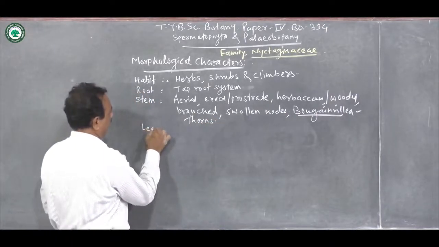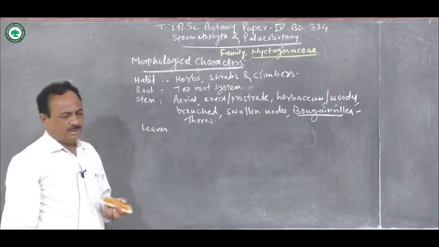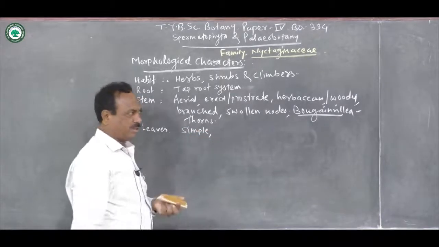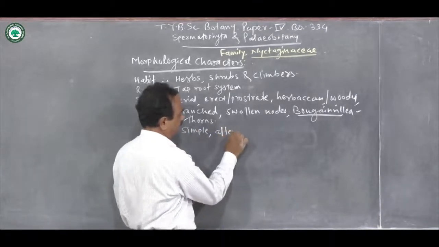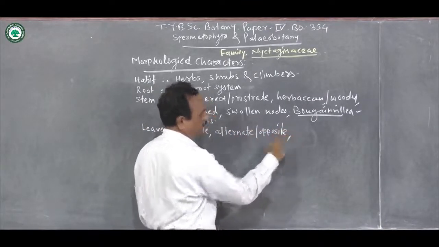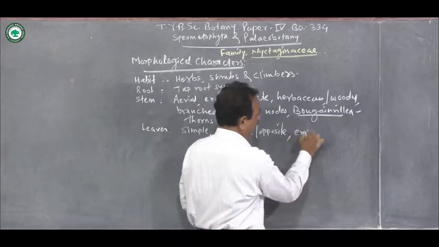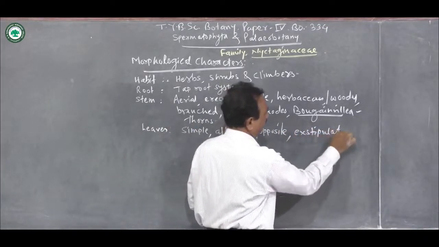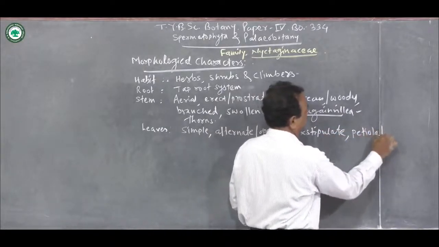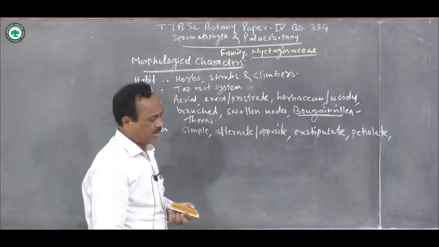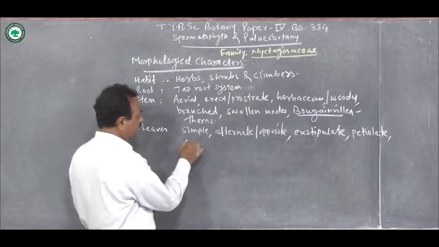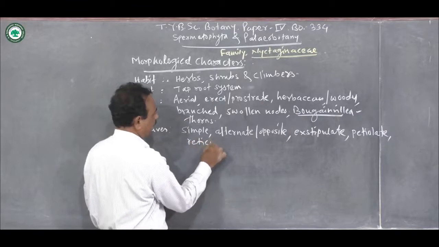Then if we see the leaves, the leaves are simple. Leaves may be alternate or opposite. Alternate, in some plants it may be opposite. Leaves are without stipules, so the leaves are called exstipulate. They are petiolate, that is having a stalk, the petiole, and with reticulate venation.